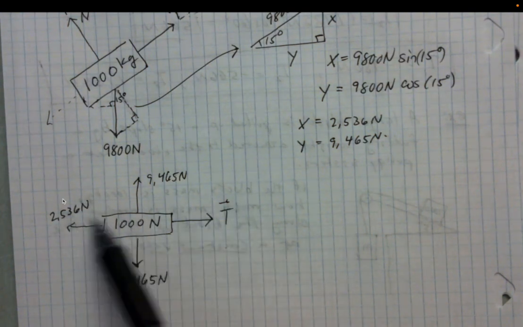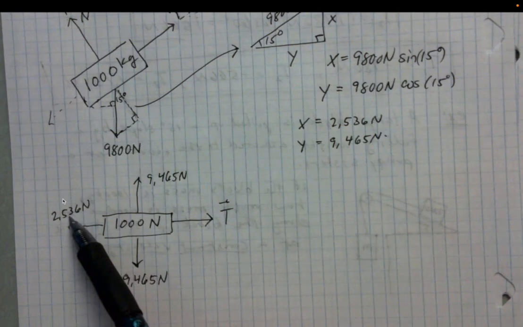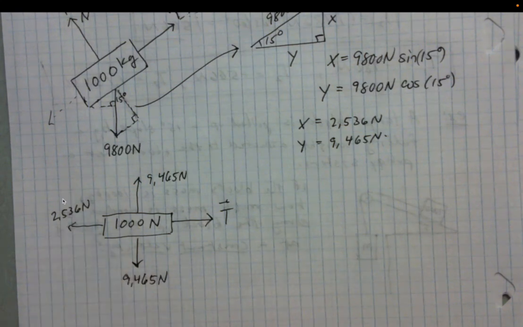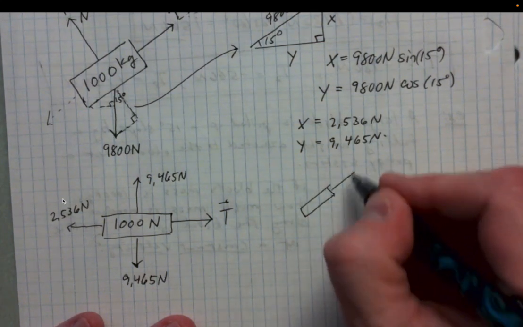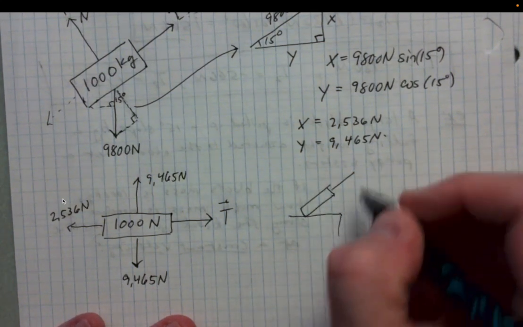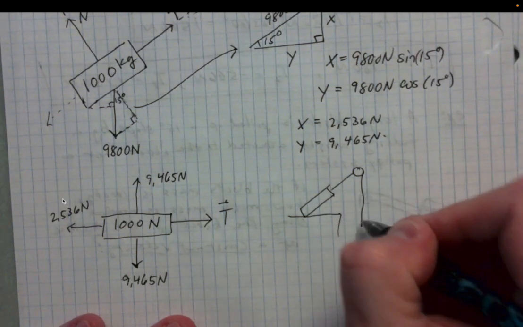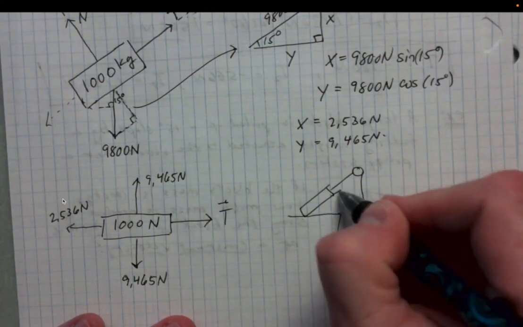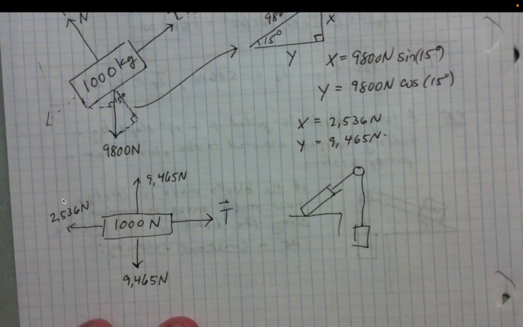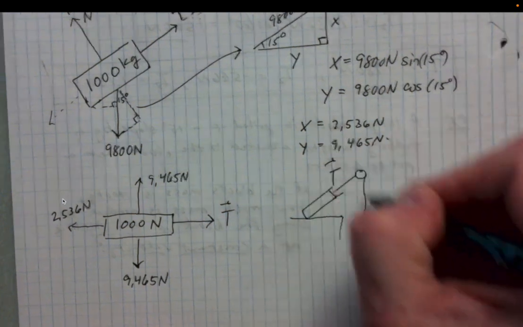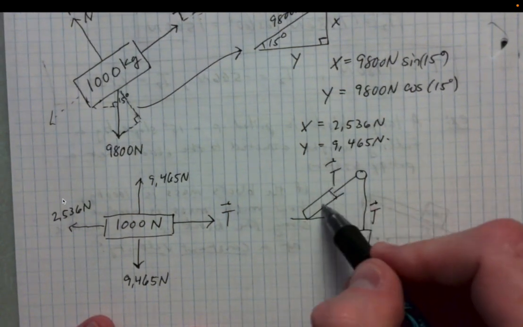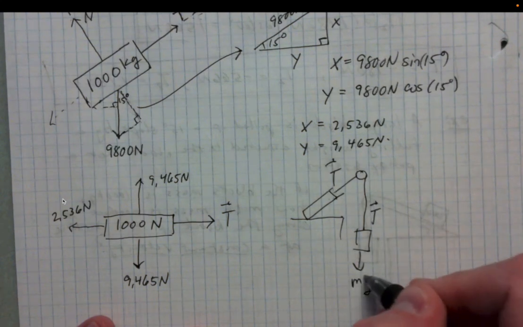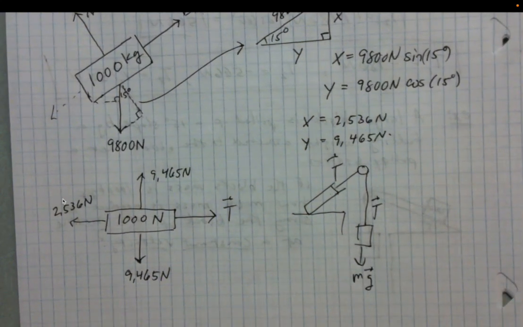This tension force has to equal this force, but be opposite, in order for the block to be in equilibrium. Remember, we have a situation like this: you've got the block going up the incline, and it's going through a pulley, and the pulley is pulling the block down. So this is T here, and this is T there, and what's really pulling this up is mg pulling it down, in a way.